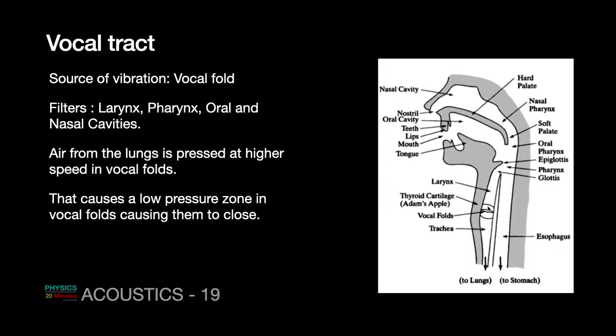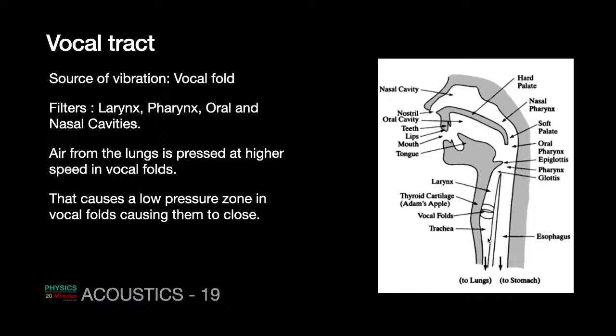They are valve-like openings on both sides. They tend to come close and tend to block the tract at this point. As they block the tract, the pressure in this region, just below the vocal fold, called the trachea, increases.